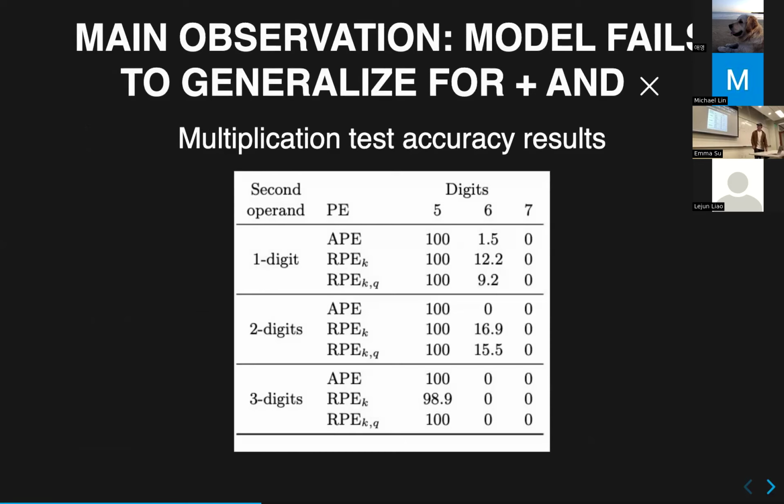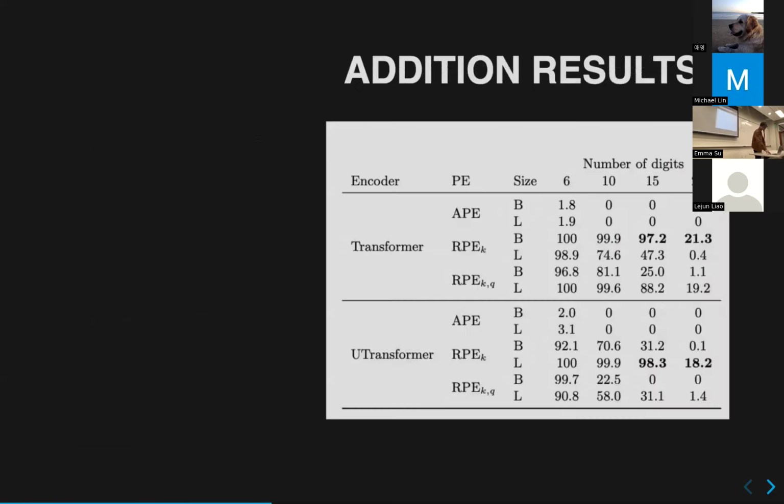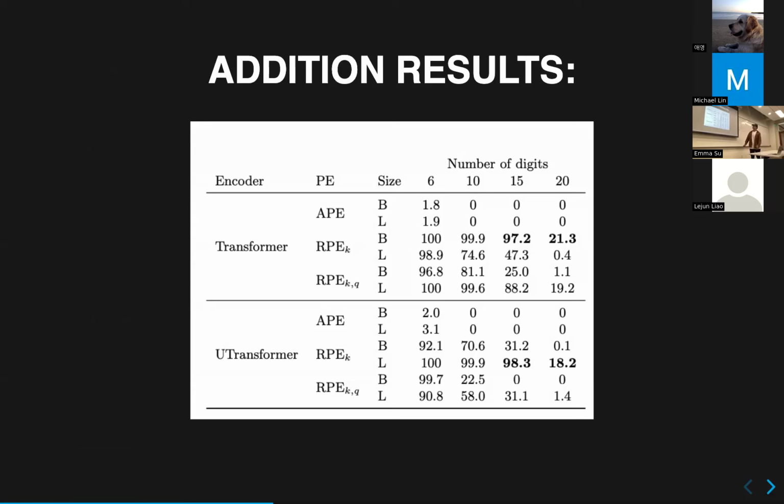Okay, so here's their main observation. It fails for multiplication to generalize from beyond 5 digits. And then for addition, you can see RPE, both versions have some level of generalization to like 15 digits. Seems pretty successful. But once you get to 20, it still fails to be at a satisfactory level.